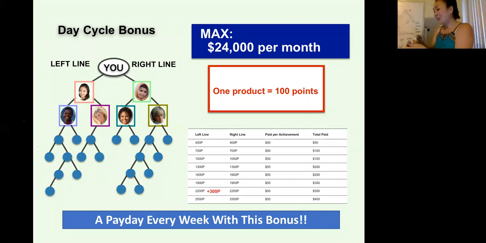And when you reach the maximum, it means you can do up to 2 full cycles every day.